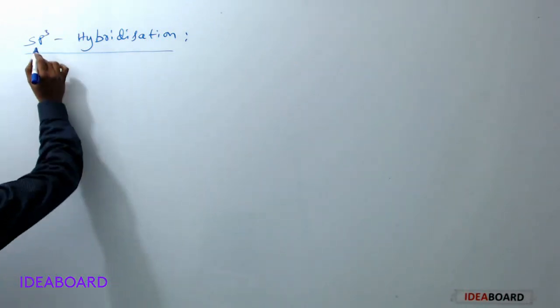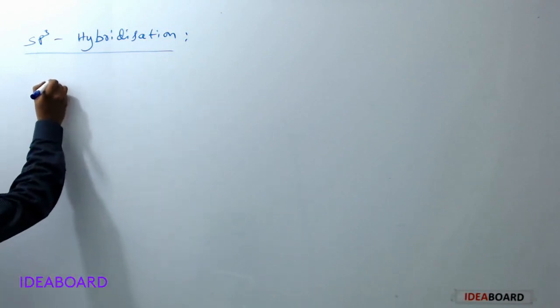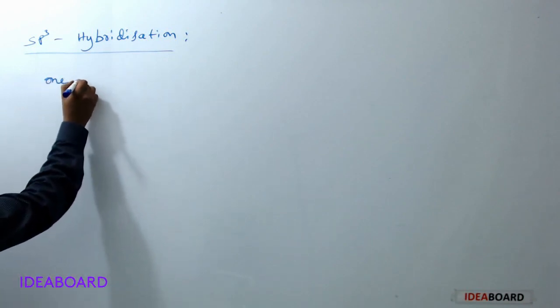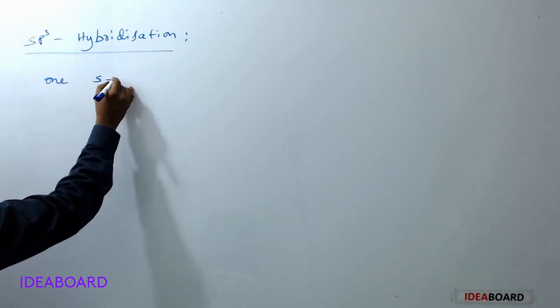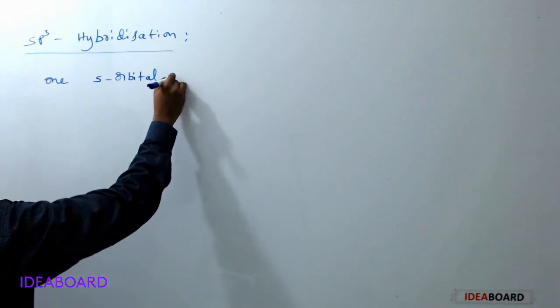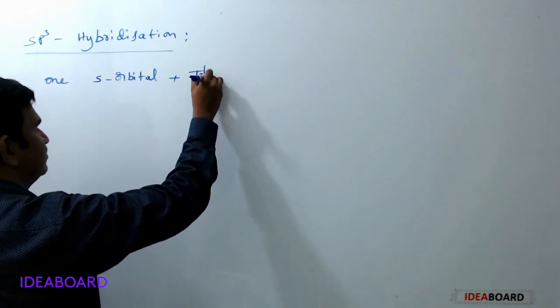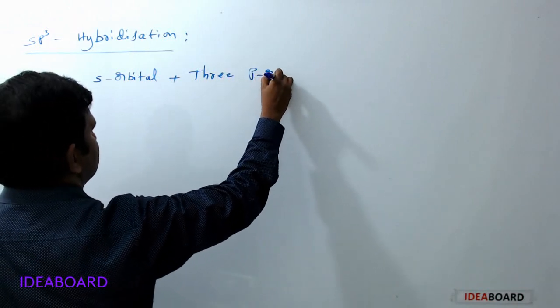The next one is sp3 hybridization. sp3 hybridization, same definition: the process of intermixing of one s orbital and 3 p orbitals.